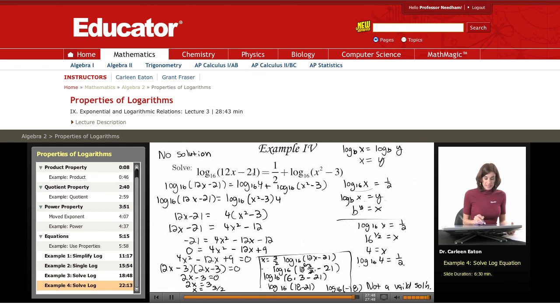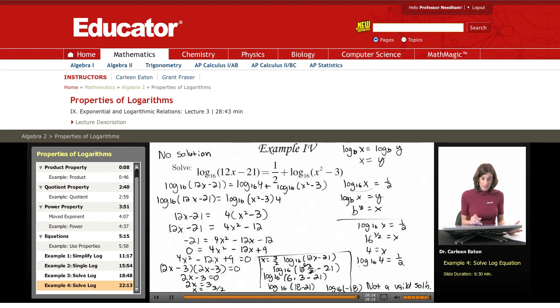So I solved this by first converting it to this form, and I did that by setting up an equation where I figured out what x had to be for me to write 1/2 in the form log base 16. And I used the technique of converting this to the exponential form, 16 to the 1/2 equals x, and solving for x. That told me that log base 16 of 4 equals 1/2.